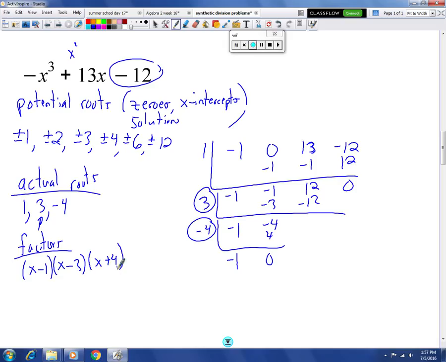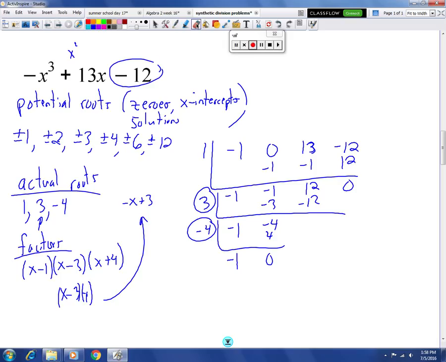Okay, now what do we do? I believe, I erased it unfortunately, I had a negative x plus 3, and when I factored it, a negative x plus 3. Okay, if you look at the x minus 3 right here, if I multiply that by a negative 1, I get this, which I had in the parentheses earlier.